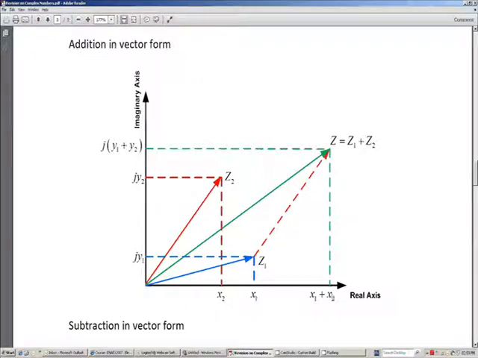Then you can clearly see that this projected tip will be x1 plus x2. Similarly, on the y-axis, this is jy1, and the projected vertical component of z2 will be coming from here up to here, which will give me finally j(y1 plus y2). So if you think of a parallelogram with the two complex numbers representing two adjacent sides of that parallelogram, the diagonal of that will give you the addition of the two complex numbers.